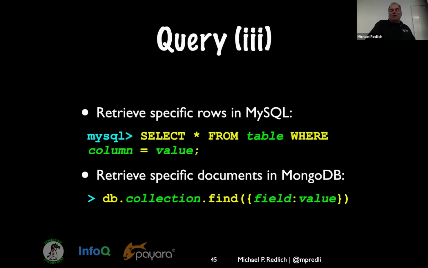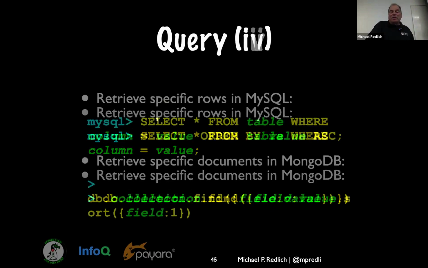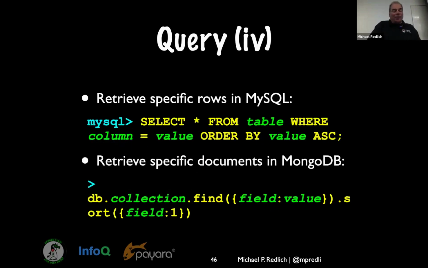And then retrieving specific documents. All right, you can use the find command with the field and value. So you can do db.beer.find and just try to bring out just one of the varieties of beer that we just put in there. All right, and then you can sort.